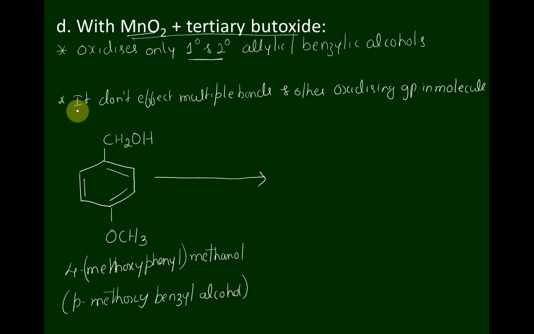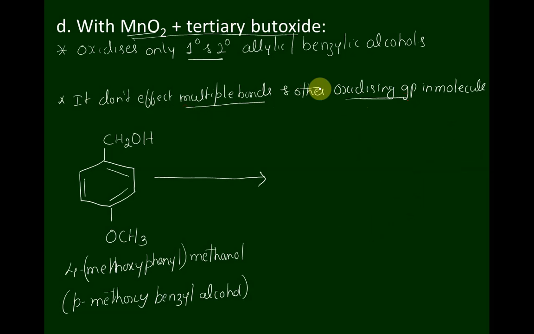The second point is that it does not affect the multiple bonds present in the molecule as well as other oxidizable groups in the molecule. This oxidizing agent neither oxidizes multiple bonds nor any other oxidizable group present in the given molecule.